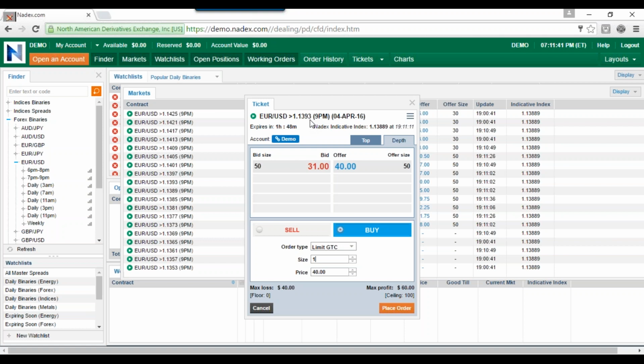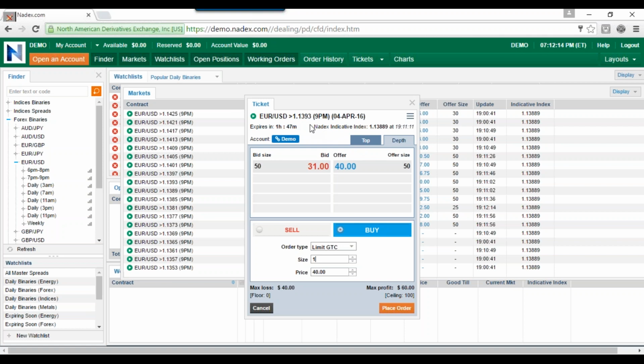One nice thing about binaries is even with smaller moves in the market, for this trade to expire as a win, expire profitable, we're not looking for a 60, 70, 80, 100 pip move, are we? We're not looking for a huge move. All we're looking for right here is about 5 pips, which is not a whole lot in the overall scheme of how the Forex market can move.